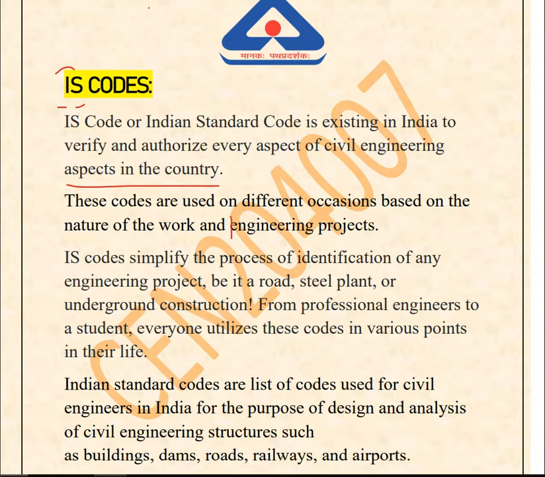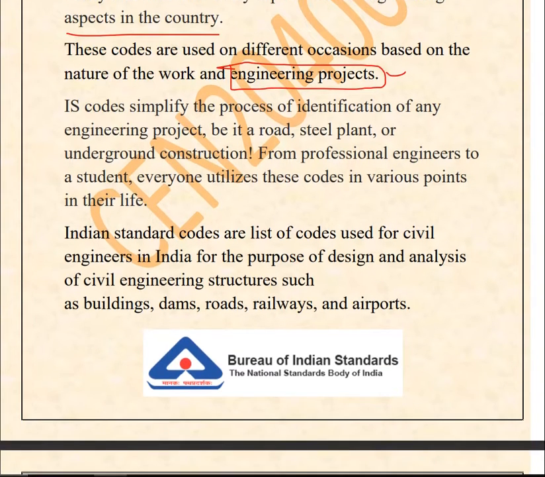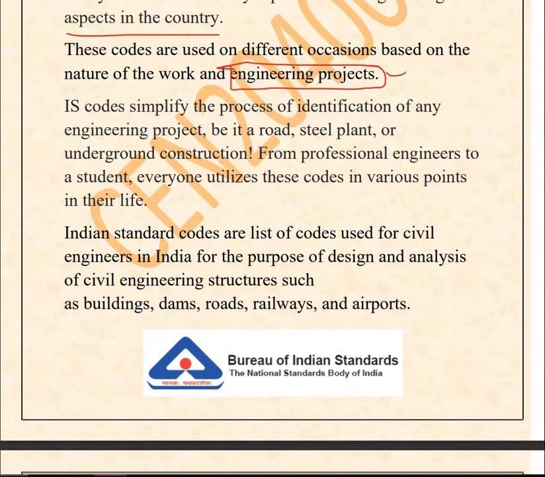Mainly we are dealing here with engineering projects because our background is engineering. So IS codes simplify the process of identification of any engineering project, be it a road, steel plant, or any underground construction, and building materials also.